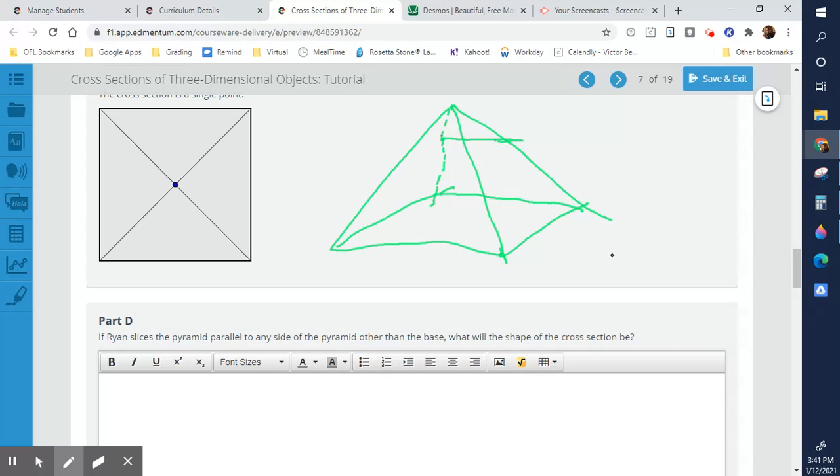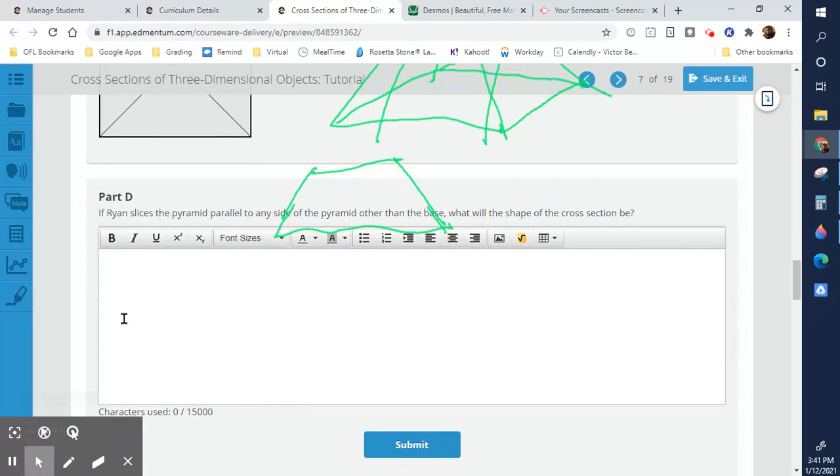So we end up getting, I guess the best way to describe this is this trapezoid. So when he cuts it this way, we get a cross section that looks like a trapezoid.